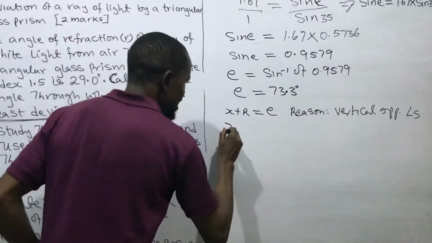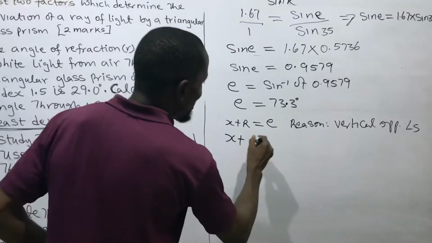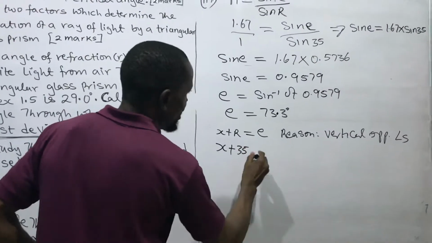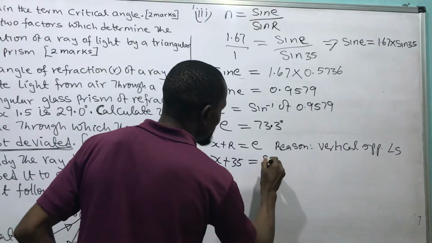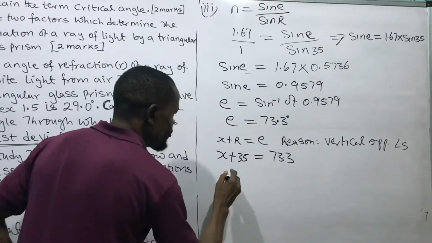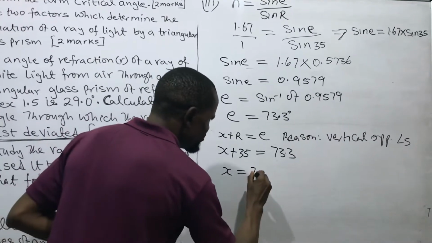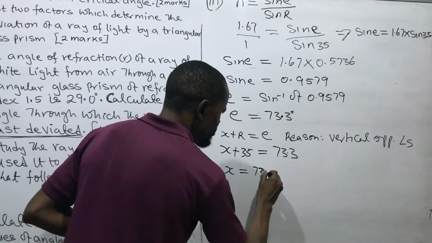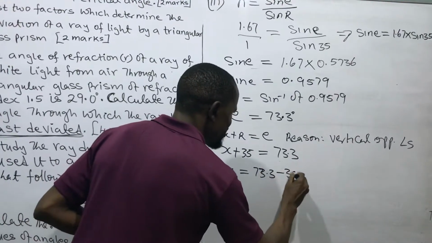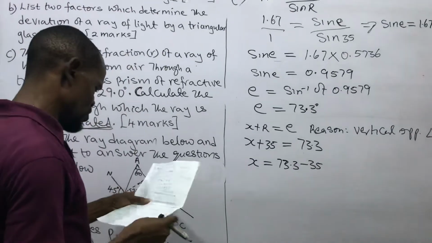And I'll say that X plus R, what is R? I got my R as 35, right? R equals 35, and my E is 73.3. Therefore, I can now say that my X is equal to 73.3 minus 35. Are you following? 73.3 minus 35, and what is it going to give me?